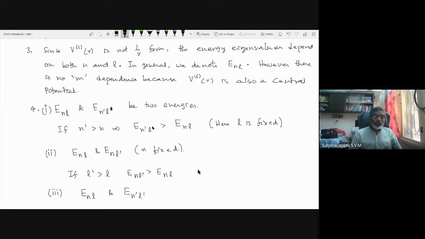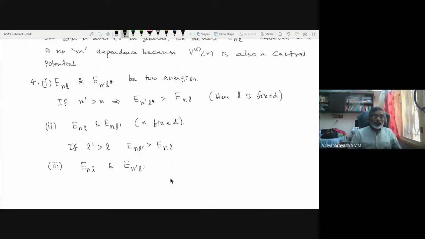Then if N prime plus L prime is greater than N plus L, that implies En prime L prime is greater than ENL.